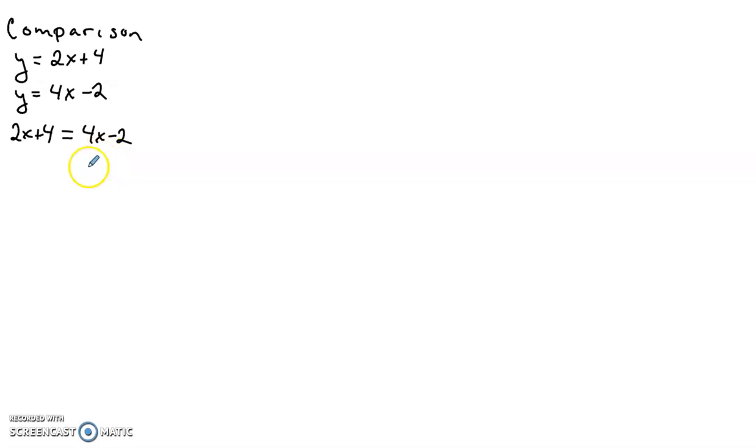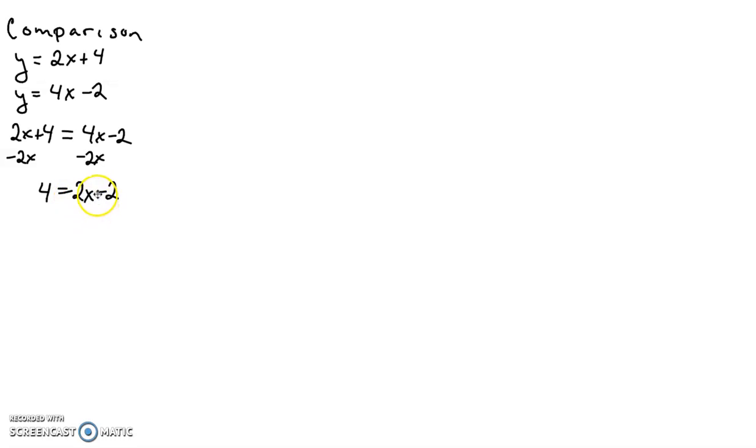Because we have x's, we can think about solving this for x. To do that, we want all of the x's on one side and all of the numbers on the other side. So we can subtract 2x from both sides. We're left with 4 on this side because 2x minus 2x is 0. So we still have our 4 equals 4x minus 2x is 2x, and we still have this negative 2.